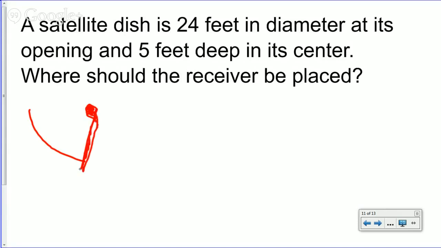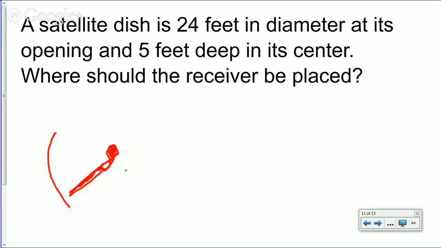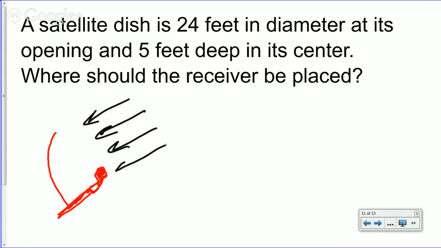So what happens here? And let me move this down just a little bit. Okay, what happens is that some signals come in from outer space, right? That the TV company or whatever satellite company is sending. And what happens is each one of those, no matter where it hits here, gets bounced off into a fixed point. I could even come in here and it gets bounced in.